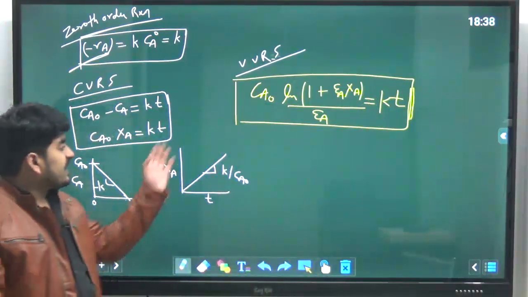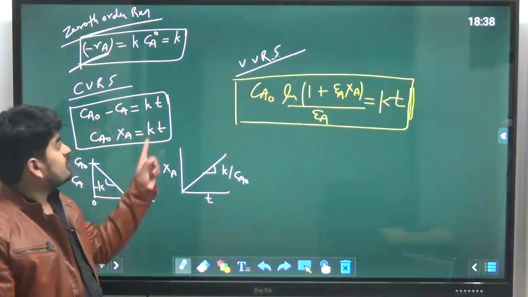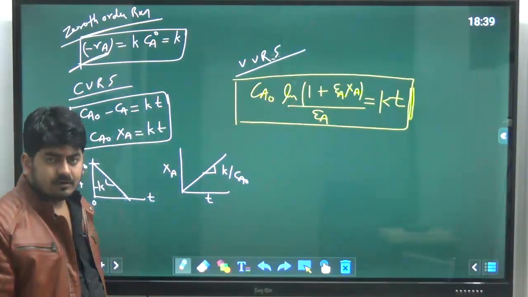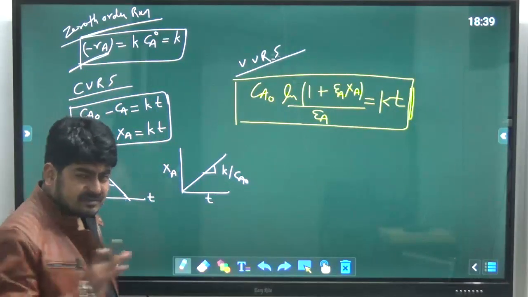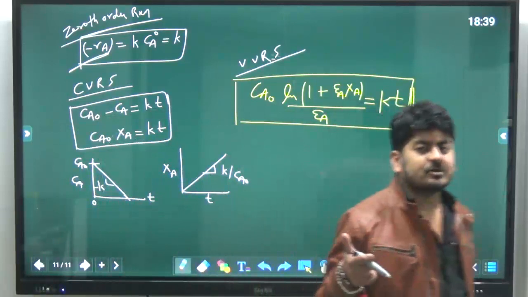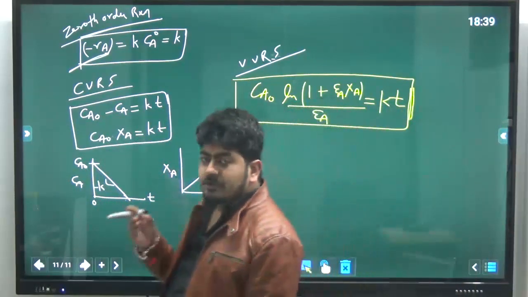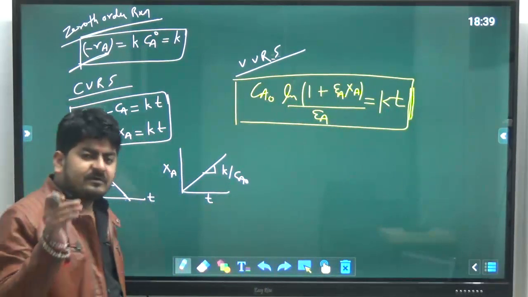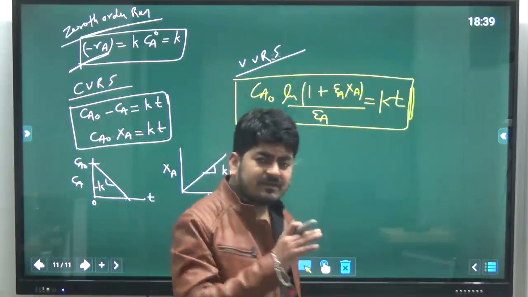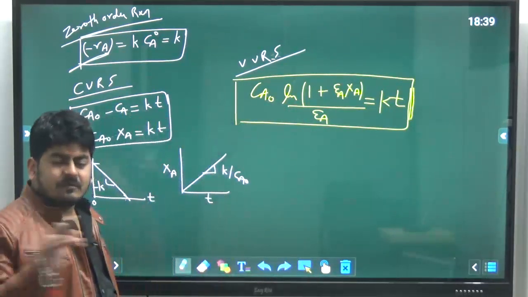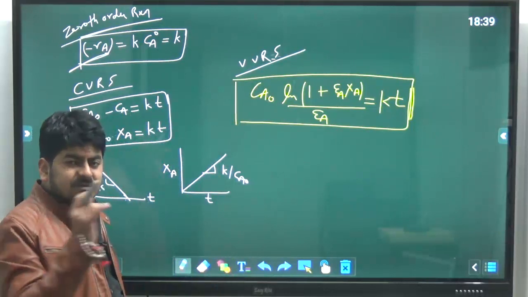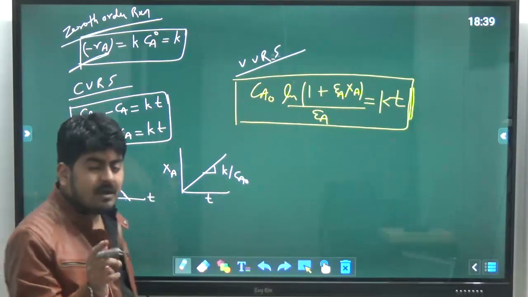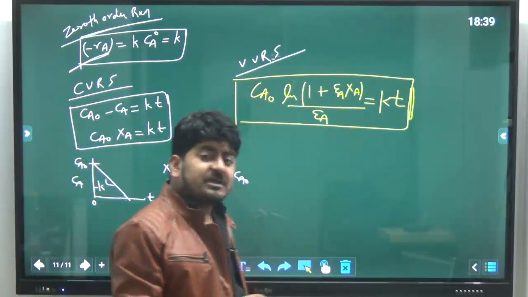So we can see, since their kinetic equations are different, zeroth order reaction follows different kinetics in CVRS and VVRS. That is valid for all the reactions except for first order reaction. For any value of order of reaction, -1, -2, -2.5, +0.5, +2.5, 3, 8, 9, 10, -10, anything, except 1. For all values of n except 1, the kinetics followed by the reaction in CVRS and VVRS will be different. But for first order reaction, it will be same.